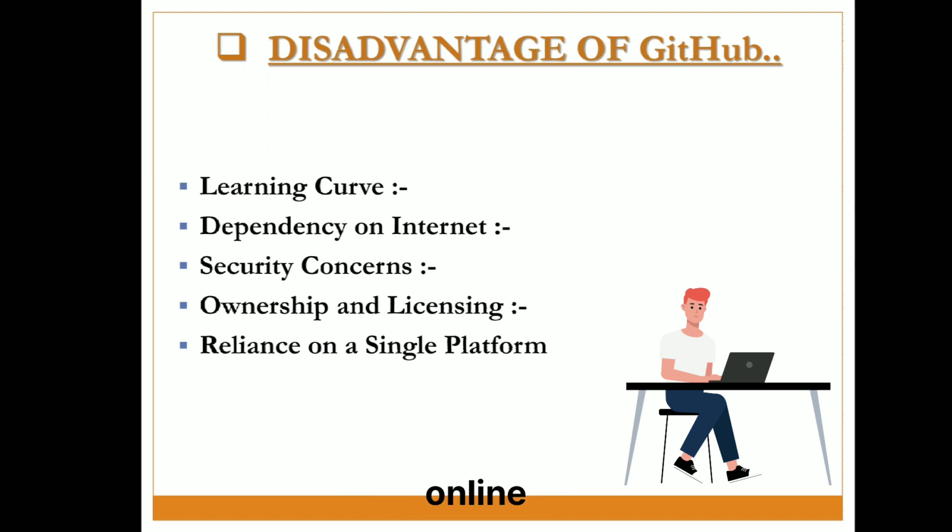GitHub is an online platform, so it requires an internet connection to access repositories and collaborate with others. Next one is security concerns. While GitHub has security features such as HTTPS and two-factor authentication, there can be concerns about the security of sensitive code and data stored on the platform.